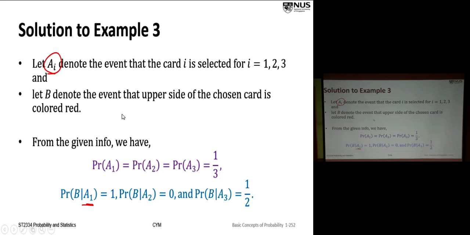Because the cards are both red, the probability is 1. Second card, both sides are black, so the chance is 0. So the third card is 1 white and 1 black. So the chance that the card with the upper face being red is 1/2.